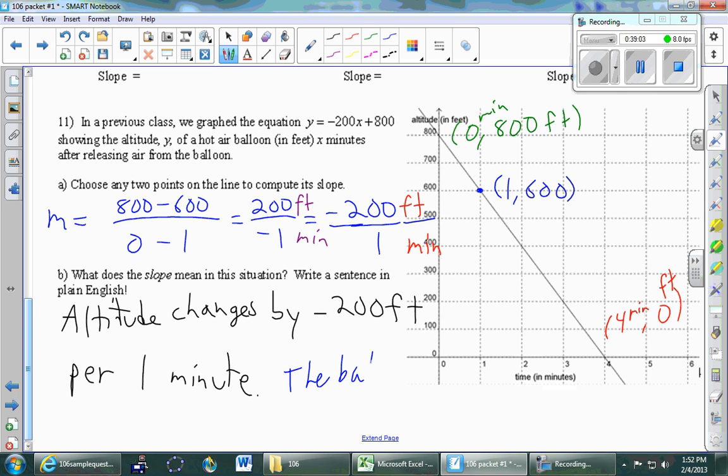The balloon is falling at 200 feet per minute. Yeah, it is. So we'll give people a moment to write, and then we'll talk about the 2 sentences.